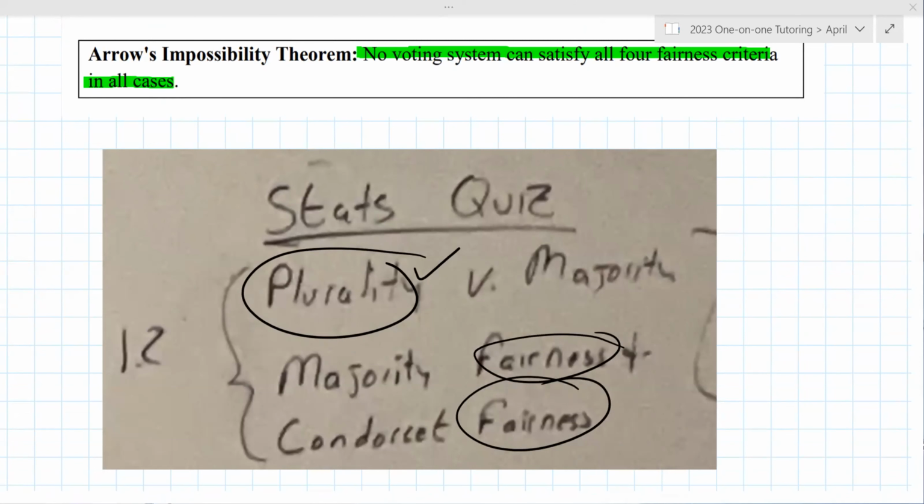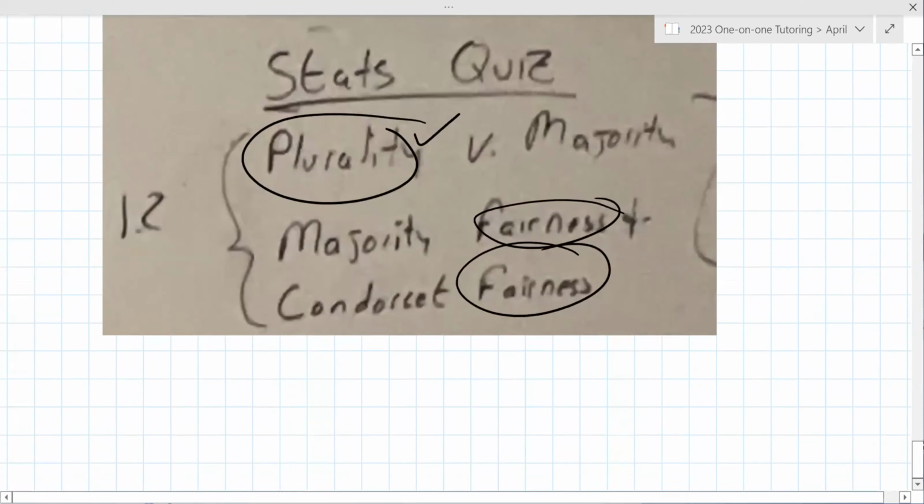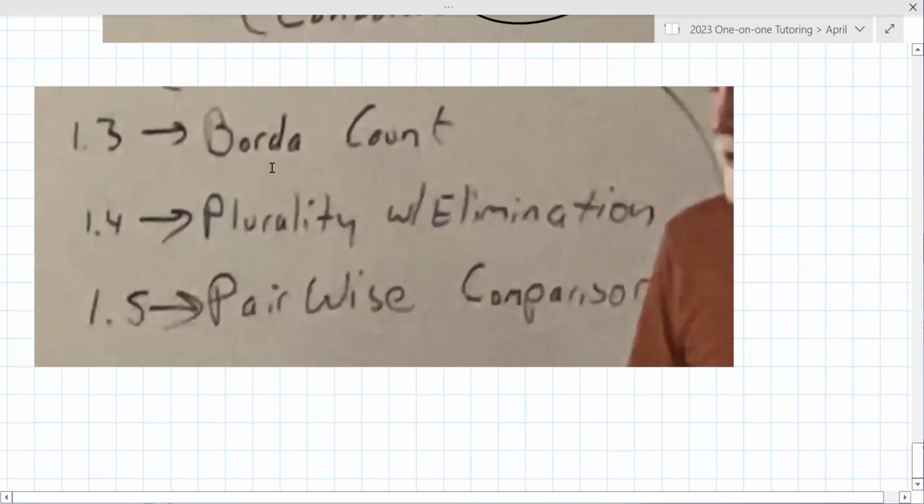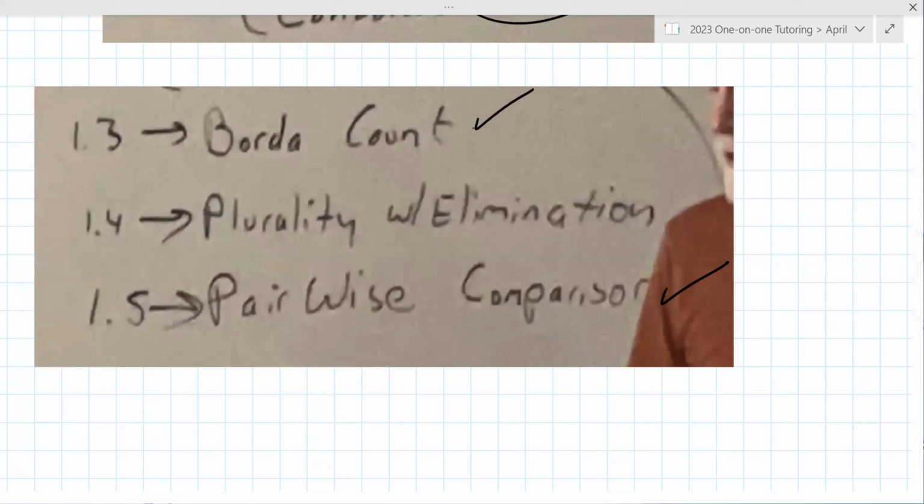We've done the Borda count method, and we've done the pairwise comparison method. We have not done plurality with elimination. Let's see if there's plurality method, exercise 1. Okay, I guess we should do plurality with elimination.